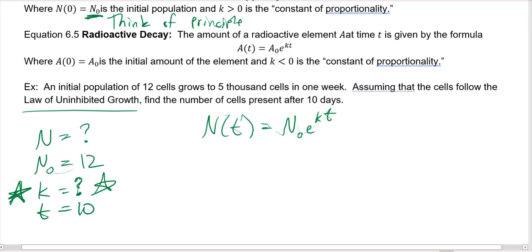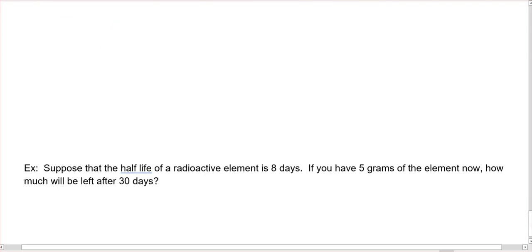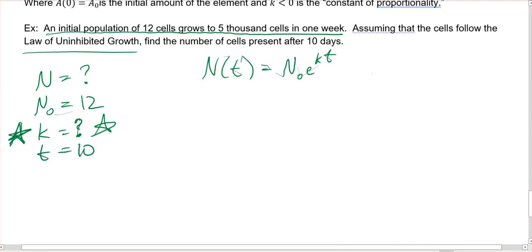And this works out just like it did when we were talking about other structures. For example, if I have a parabola and I give you a point on the parabola and the vertex, we could just plug that into the known formula and solve for the missing stuff. Well, this is the same thing here. An initial population of 12 cells grows to 5,000 cells in 1 week.